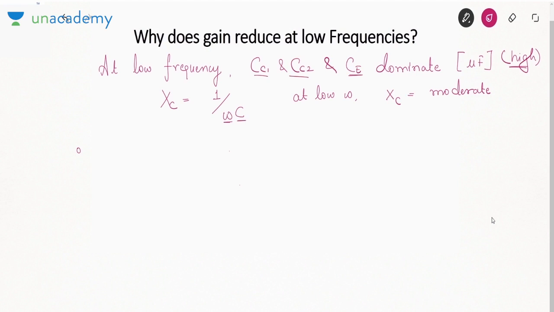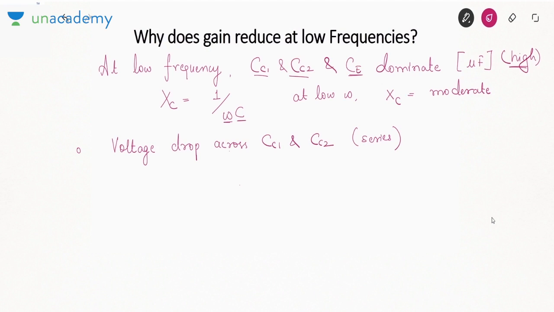Now why does the gain reduce at low frequency? The first reason is voltage drop across CC1 and CC2. These are connected in series. CC1 is connected in series with the supply, CC2 is connected in series with the load.